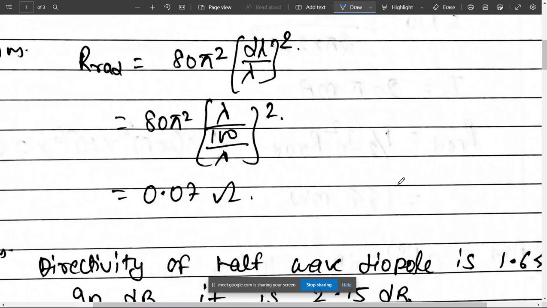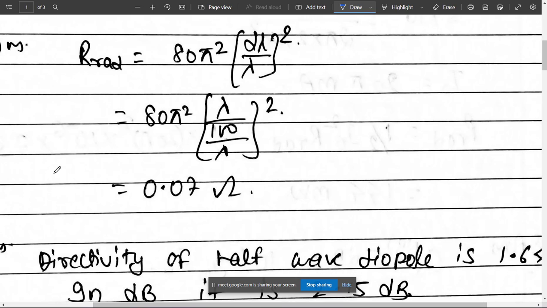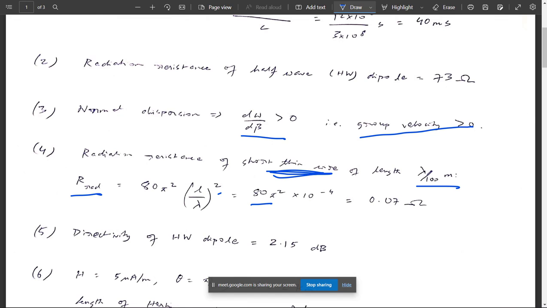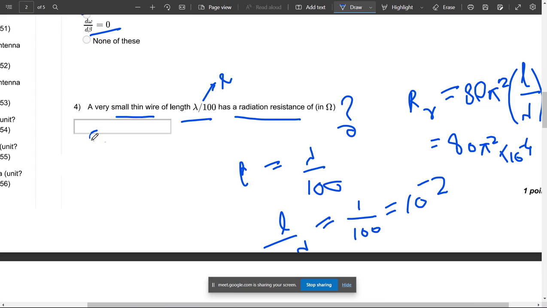So R rad will be how much? 0.07. So here we will put 0.07. Any doubt here?